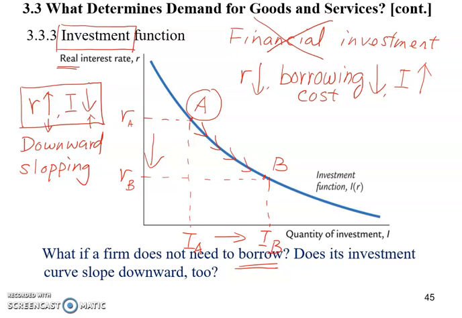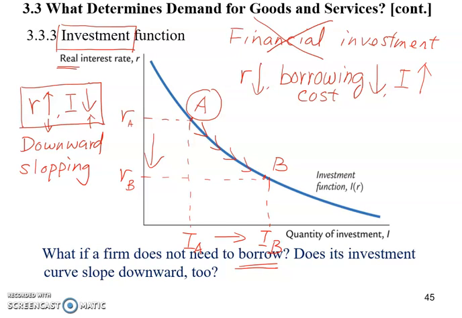Okay, and because if we want to use the downward sloping investment curve, we want to be sure that this downward sloping nature is applicable to all firms on the market, no matter whether they need to borrow or not, right?